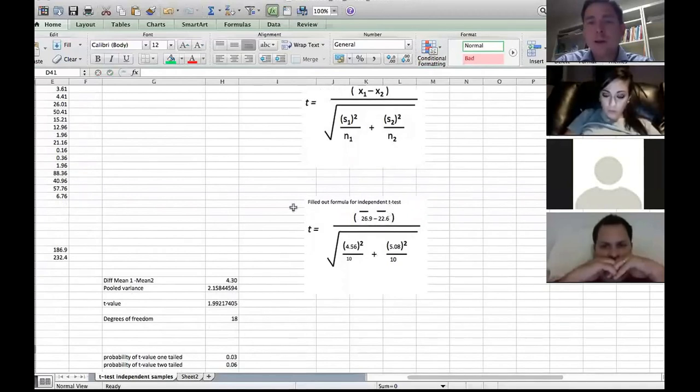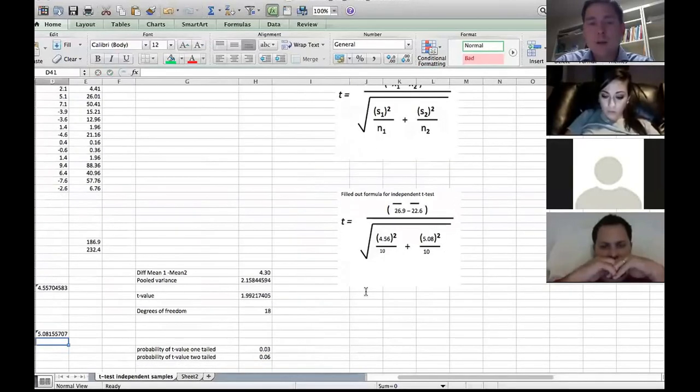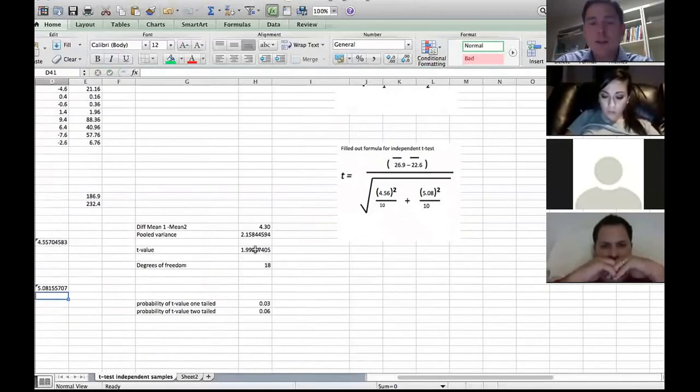Now, if we plug this into our formula, we get the t-value, and the calculated t-value for this would be 1.99, right?